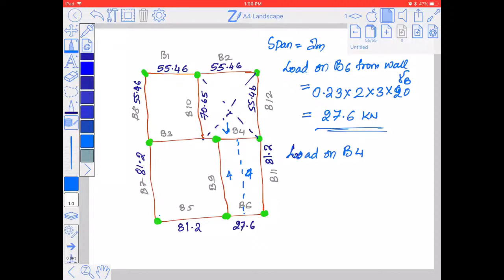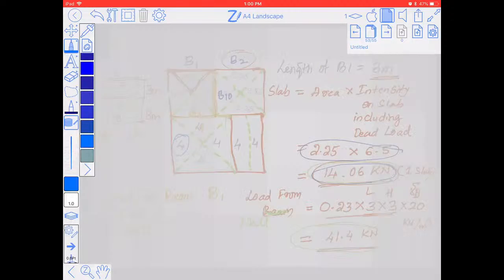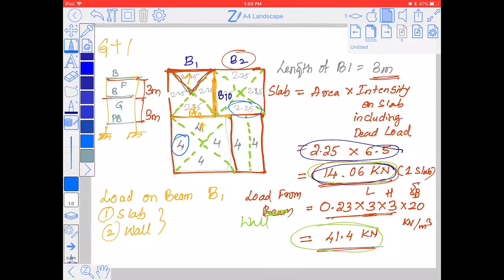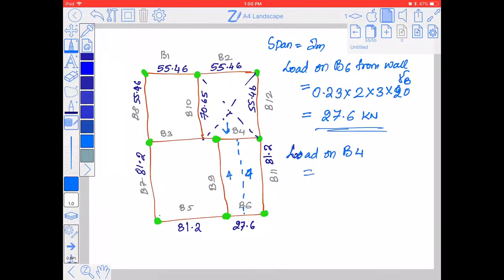Load on B4 is equal to, what is the total area? Area of this portion is 2.25.